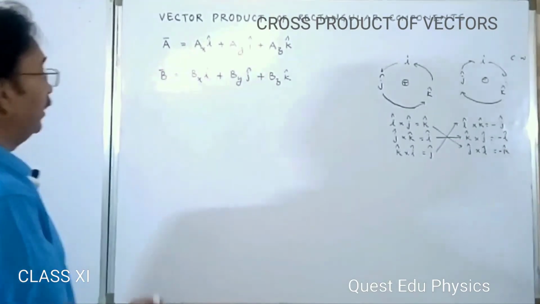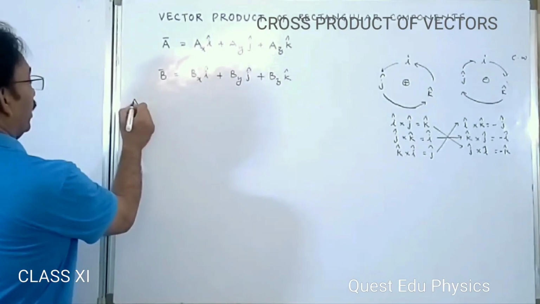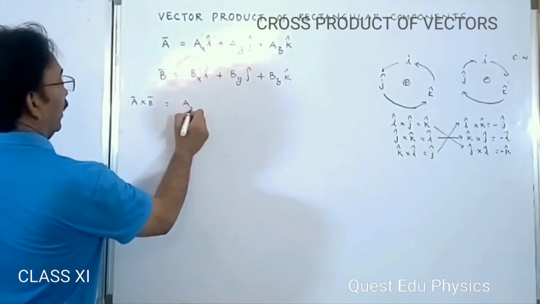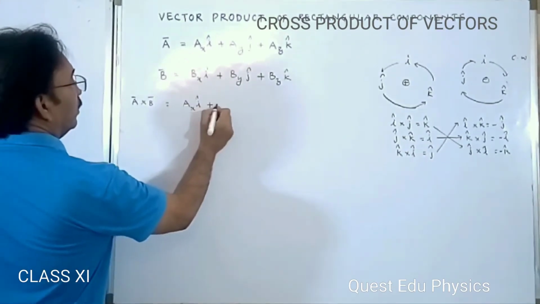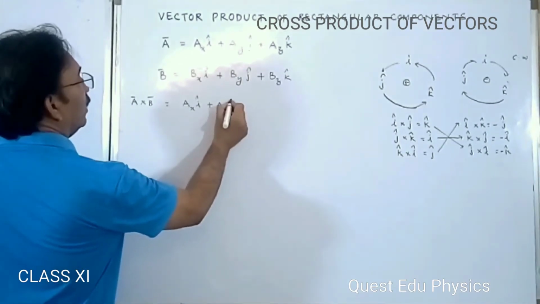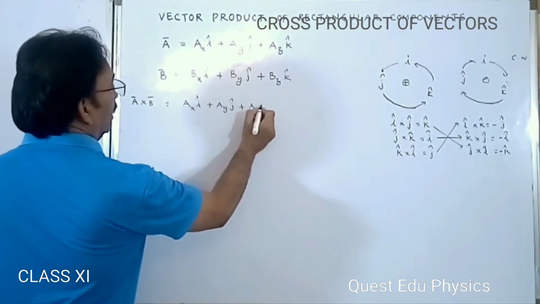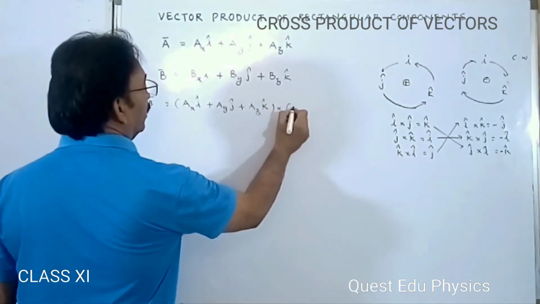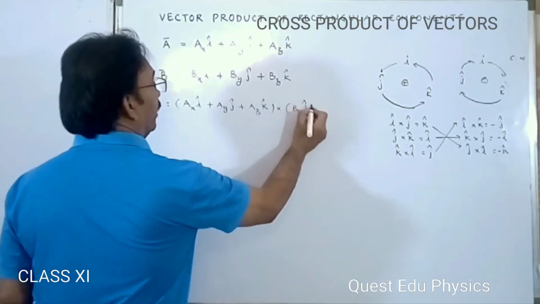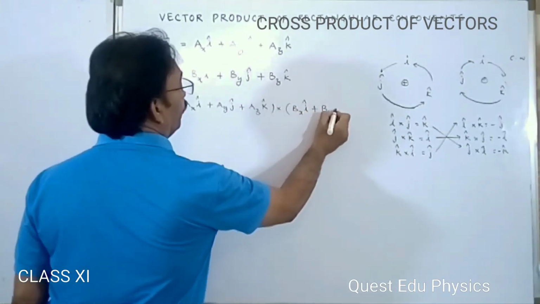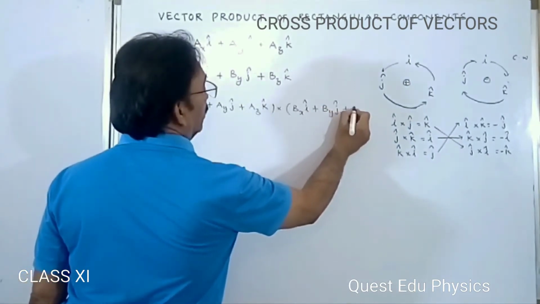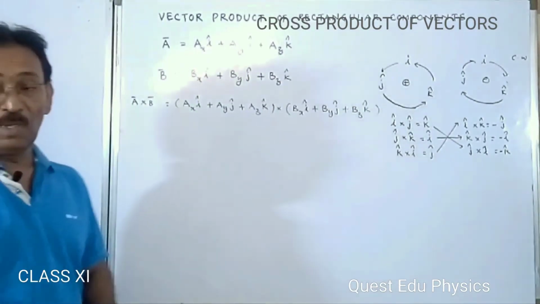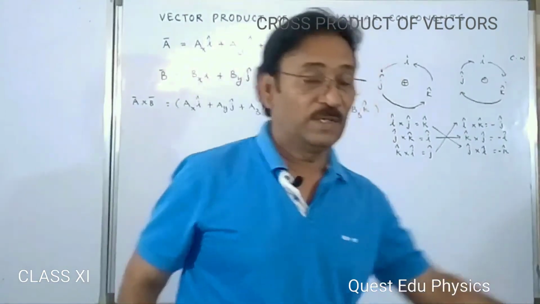Now we are multiplying by taking these two. That means what? A bar cross B bar is equal to ax i cap plus ay j cap plus az k cap multiplied with bx i cap plus by j cap plus bz k cap. This is the multiplication, and we go further.